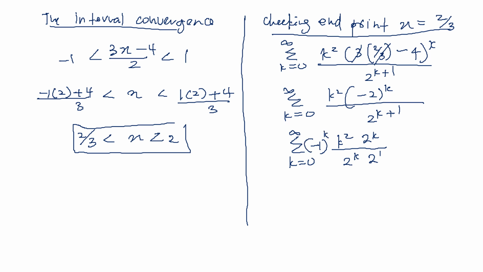Okay, so this one you can simplify. You will get the series from k equals 0 to infinity of negative 1 to the power of k, k squared over 2. So the test that is appropriate for this series is the AST test.